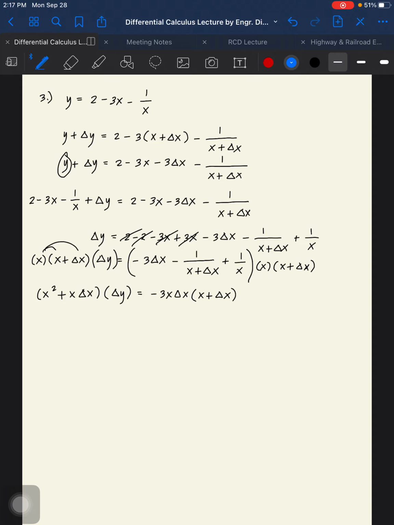Next, let's multiply this to your second term. For the second term, the denominator and the numerator are similar, so we can cancel them out. What's left is x. x will then be multiplied to 1.